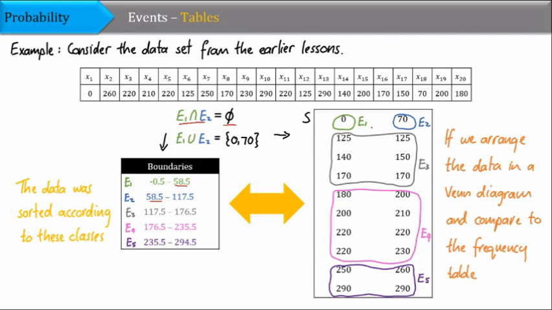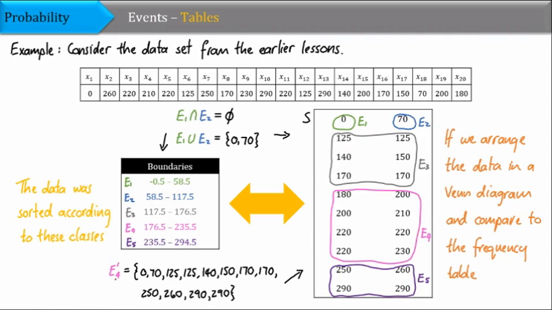If we take the union of the two, then it's going to be 0 and 70 that we're going to write together. If we look at the complement of E4, this is E4, so the complement of it will be everything outside of E4. It doesn't matter whether it's in events or intersections or unions or whatever the case is, it should not be in E4. If it's not in E4, then it's in the complement.